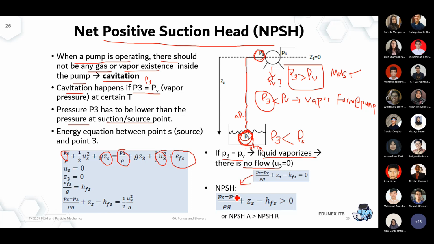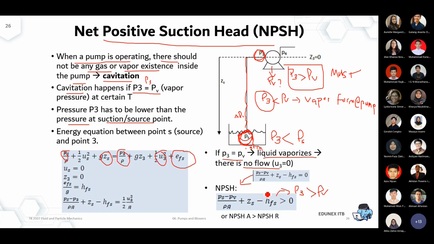Now I have to make sure that I don't have any cavitation, so I have to make sure P3 is bigger than PV. This calculation will make sure that your P3 is still higher than PV. That tells you about the NPSH of your pump. If you can make sure that it is positive, then you should be able to avoid any cavitation in your pump.